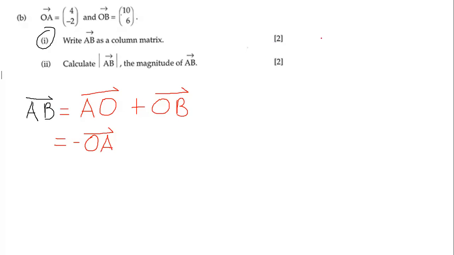Well, if we have any vector, say we have the vector AB, the vector AB is always going to be equal to the vector negative BA. Okay, so that's a formula you can remember. So if we have the vector AB, AB is also equal to negative BA. Okay, so AO equals negative OA.